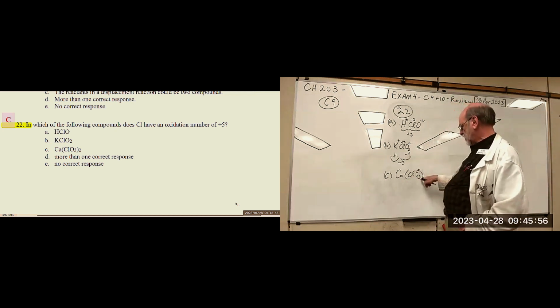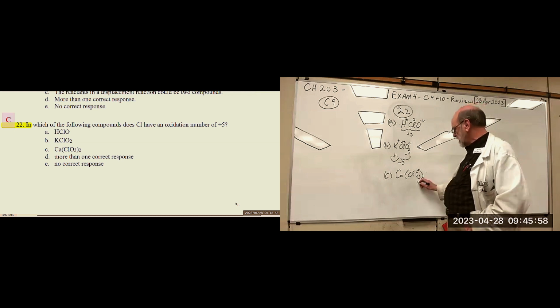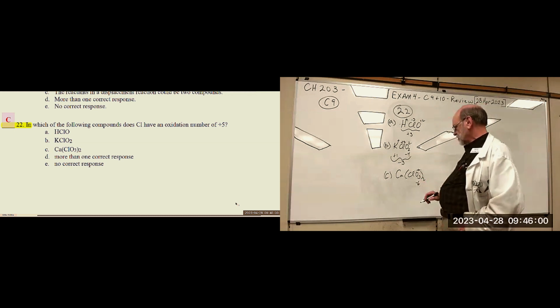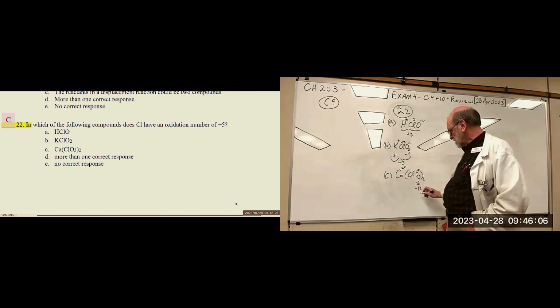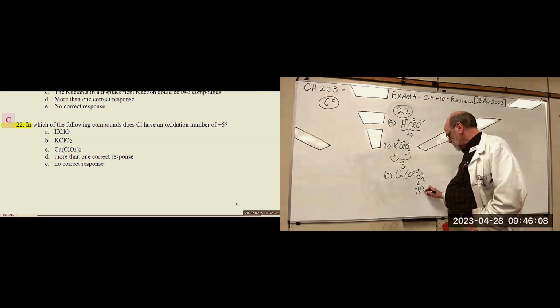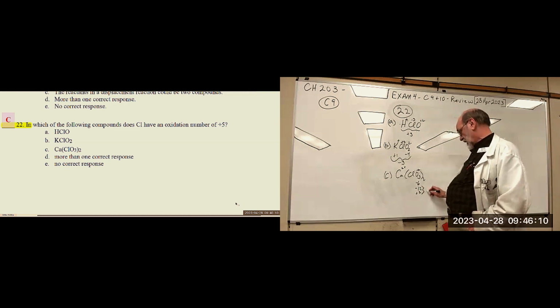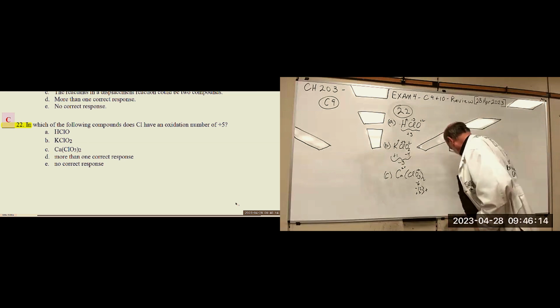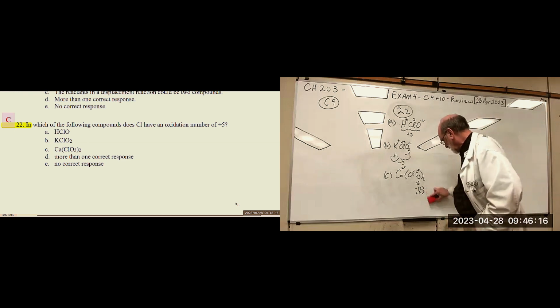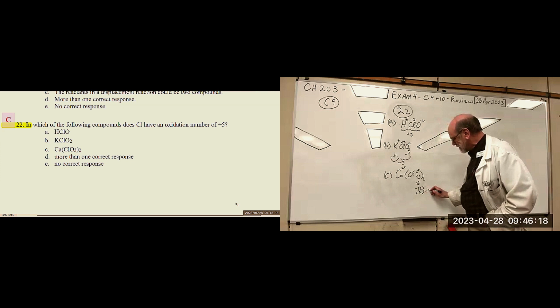-2 for that one. So it's 3 times 2 is a -6. 2 of them makes a -12, but we got 2 pluses here. So a +2 makes a -10.